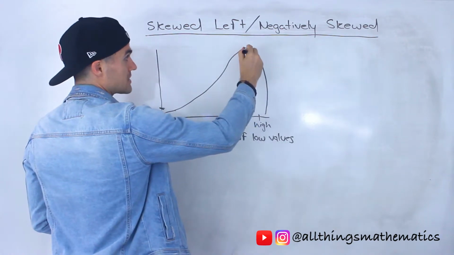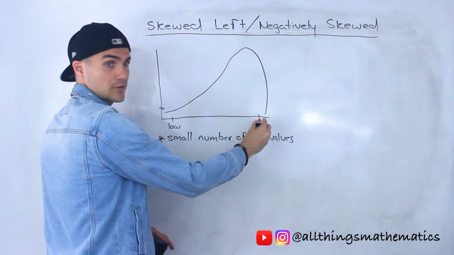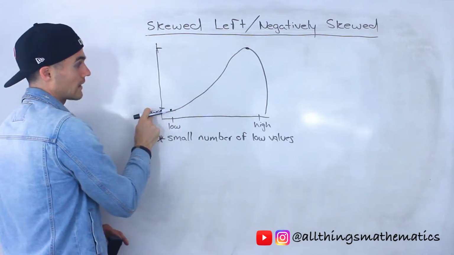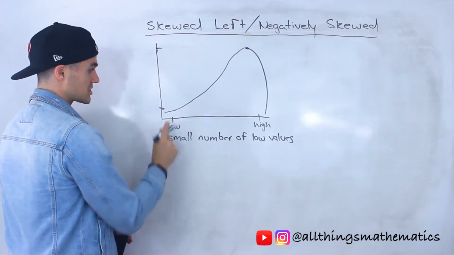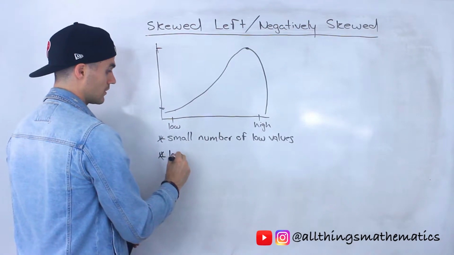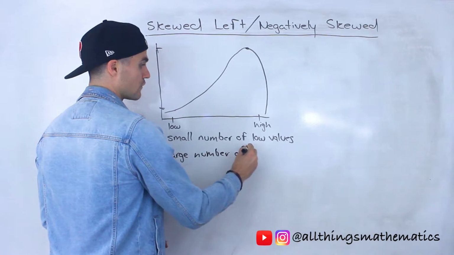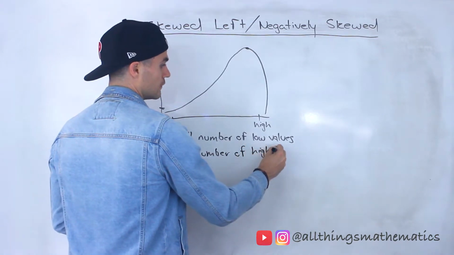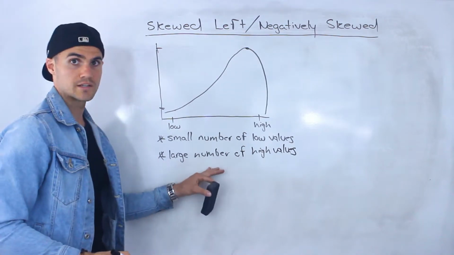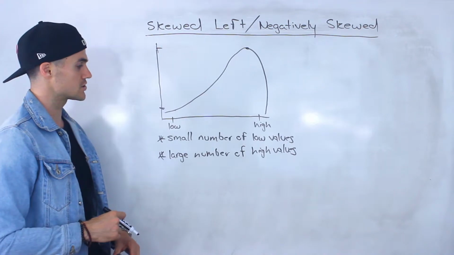Over here, the bulk of the data is on that right side where all of the higher values are. If we pick a point here, that frequency is way higher than here. So there's a small number of low values, but a large number of high values. In words, that's what describes a distribution that is skewed left or negatively skewed.